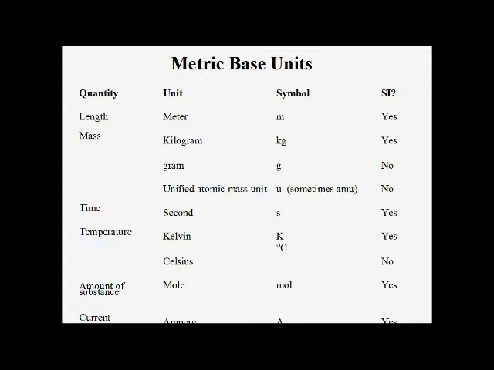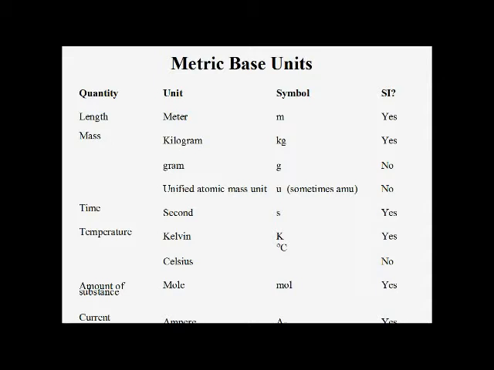For time, the metric unit is the second. This is abbreviated lowercase s, and this is the SI unit. So we don't use minutes, hours, days, or anything like that, just seconds. For temperature, there are two metric temperature scales, Celsius and Kelvin. The Celsius unit is degree C, because it's degree Celsius.